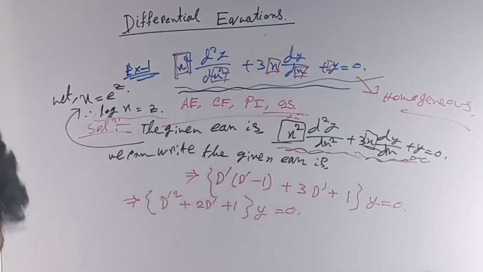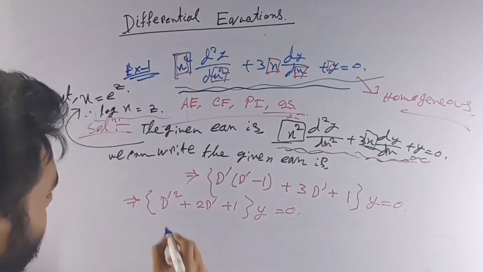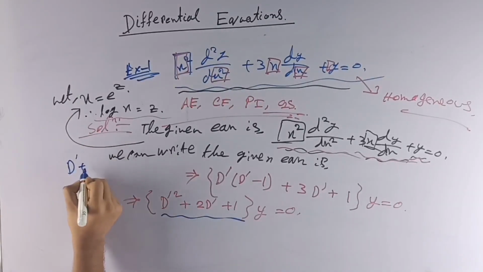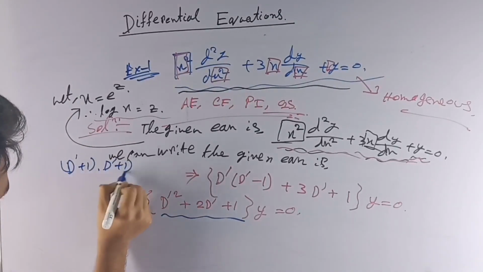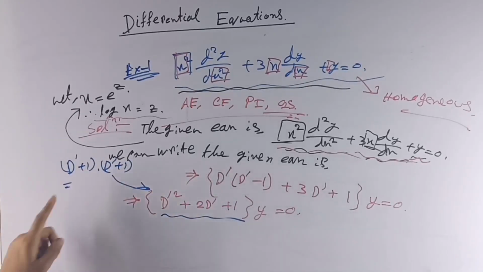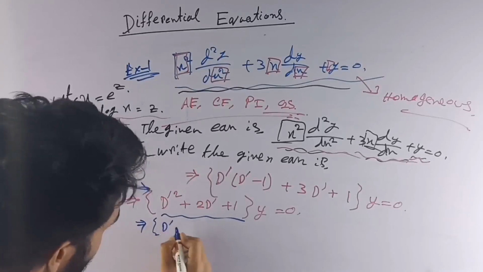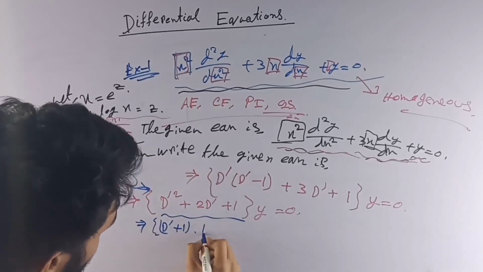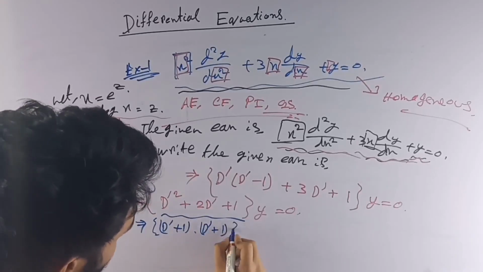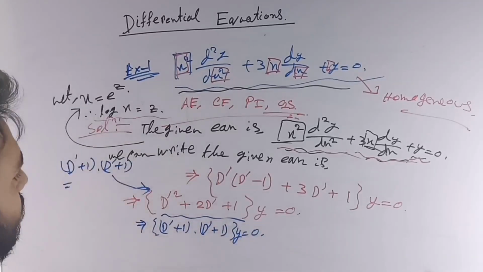That's it. So now that is (D naught plus 1) times (D naught plus 1) times y equals 0.